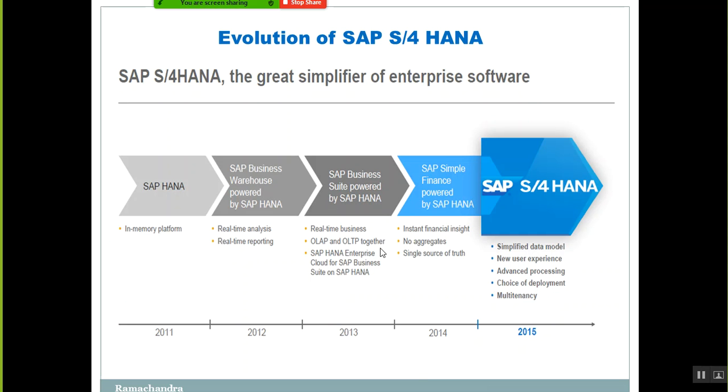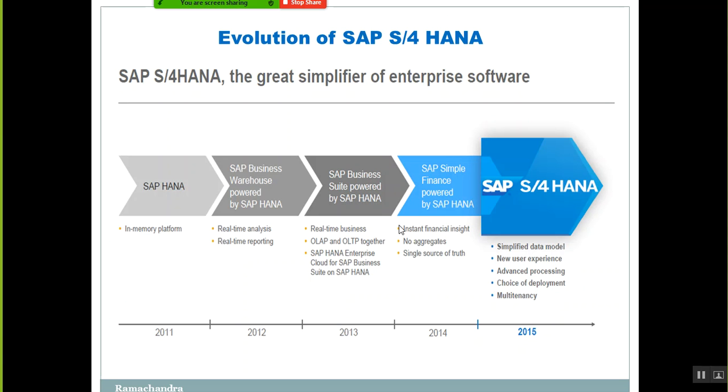And in 2013, it is again an independent database to process both OLAP and OLTP from the same server, and it can work for SAP ERP, that is ECC, which we are using. Then that is called SAP Business Suite powered by HANA.